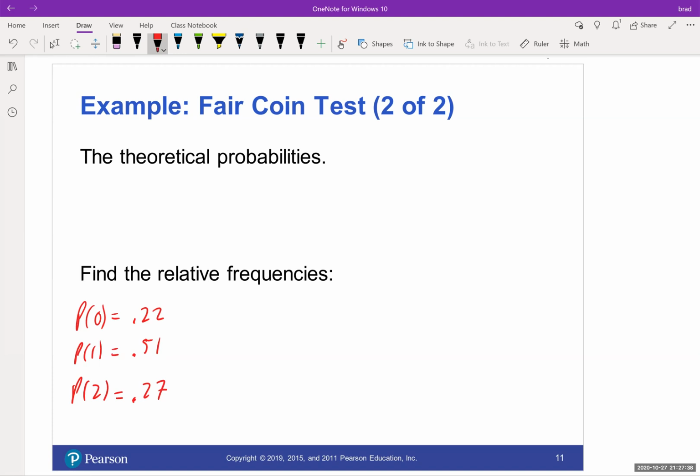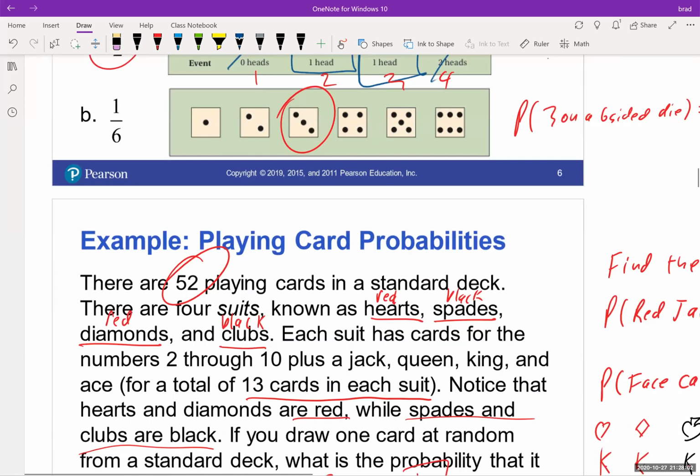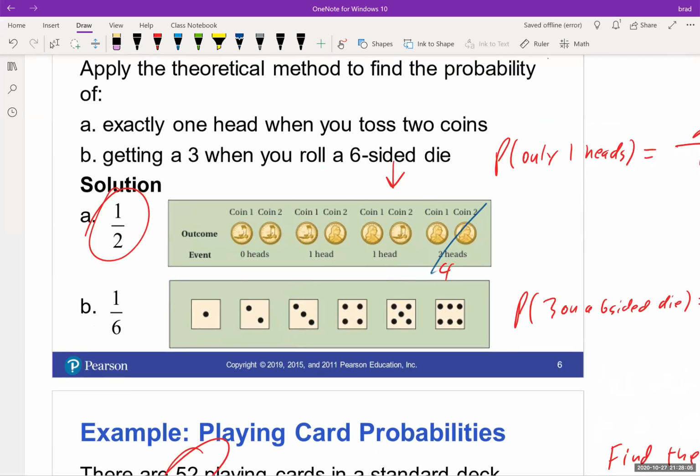Theoretically speaking, the probability of 0 heads is equal to 0.25. The probability of 1 head is equal to 2 out of 4. Remember our coin table up here? How many of these had no heads? 1 of them.